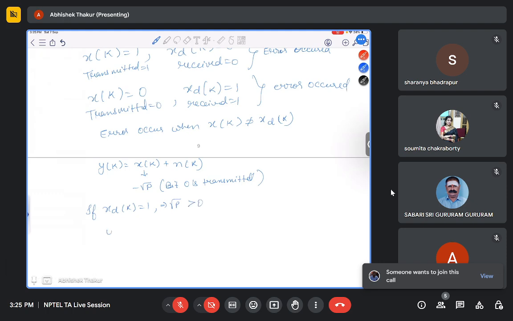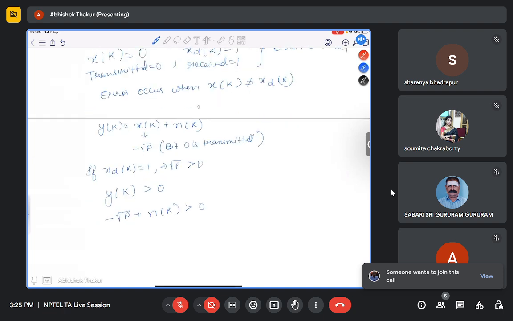So this means yk will be greater than 0. So minus of root p plus nk is greater than 0. So nk is greater than square root of p. So if the noise power is greater than the square root of p, then the bit error rate has occurred.